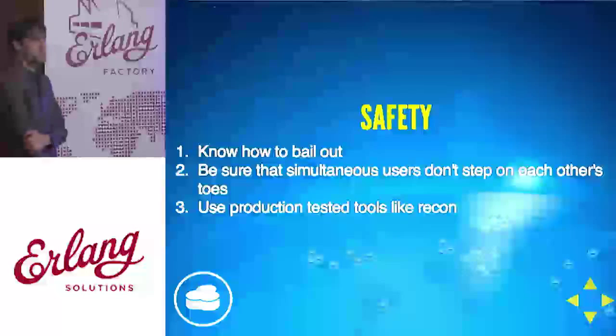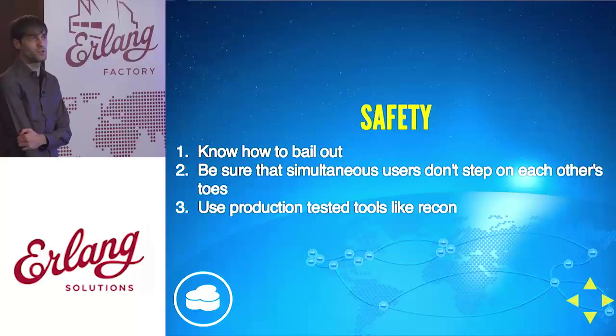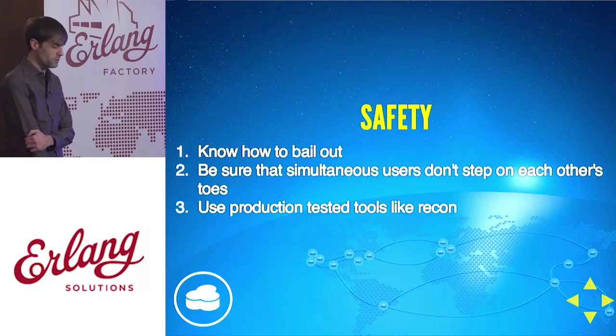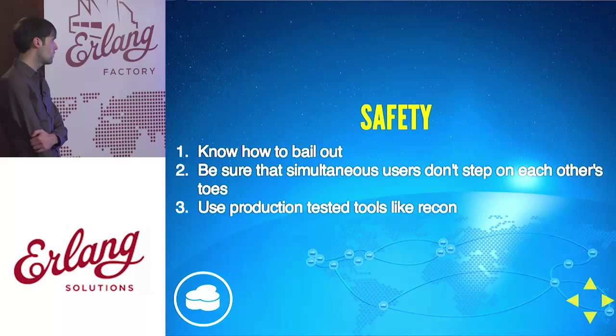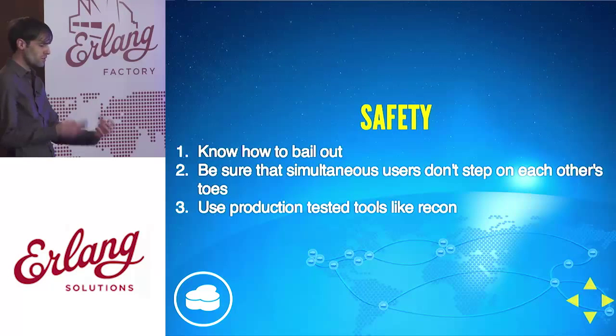So safety. Bailing out is difficult if you've overloaded your group leader. So this is one where sometimes you want something that automatically will bail out for you. Recon will do this for you if it exceeds a certain threshold. It's one of the reasons I recommend it. Be sure that whatever sort of tracing you're doing doesn't interact with other people who might be on the system.